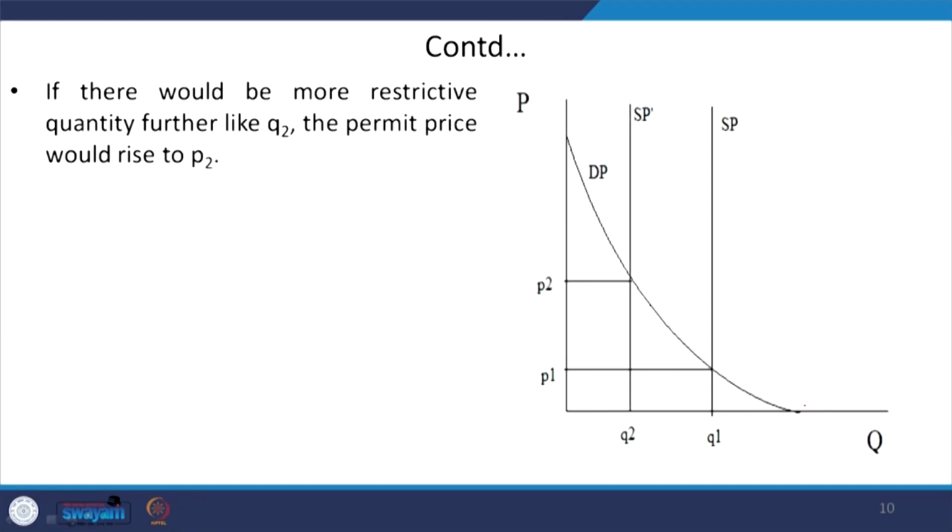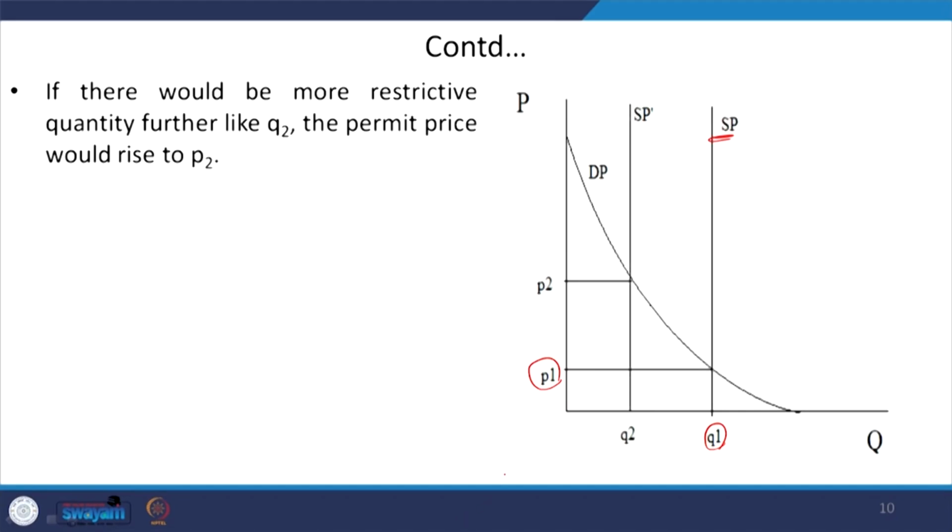So, in this case, if the government, after finding that the equilibrium quantity is Q1 and the equilibrium price is P1, is thinking to further reduce the pollution amount, then obviously it will be providing fewer pollution permits in comparison to the initial pollution permits, that is SP, right.